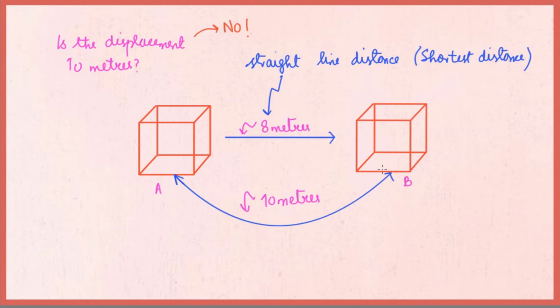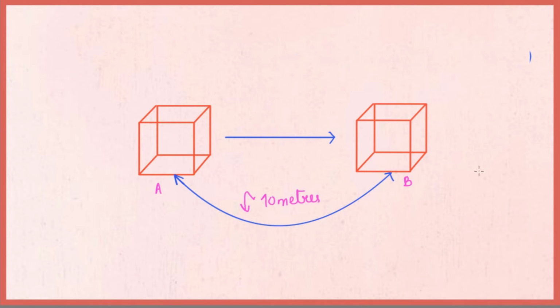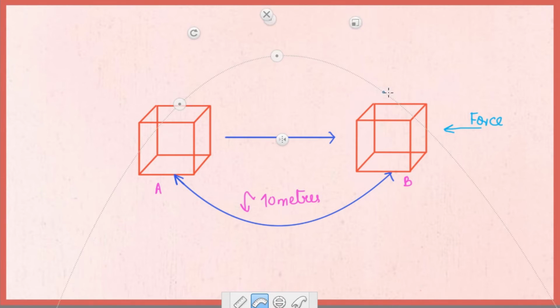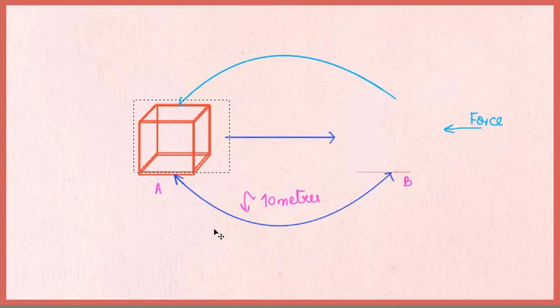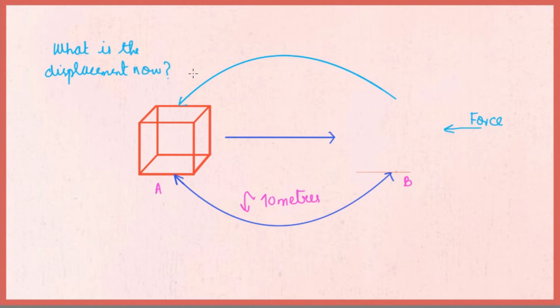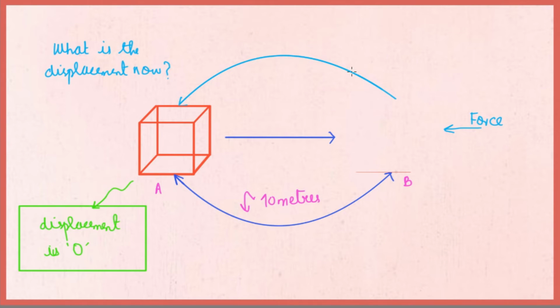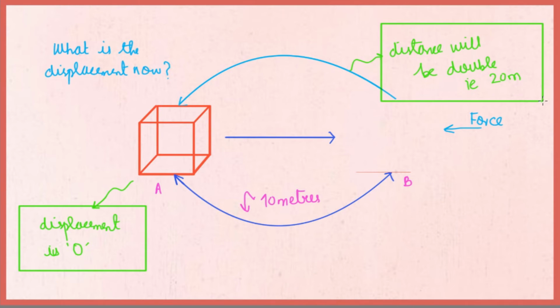And in this case, displacement is 8 meters from point A. If another force to the right displaces the box back to point A, then what will be its displacement? Yes, you are right. It will be 0, because there is no straight line distance between the initial and final position. Note that the total distance will be double of 10 meters, that is 20 meters, but displacement would be 0.